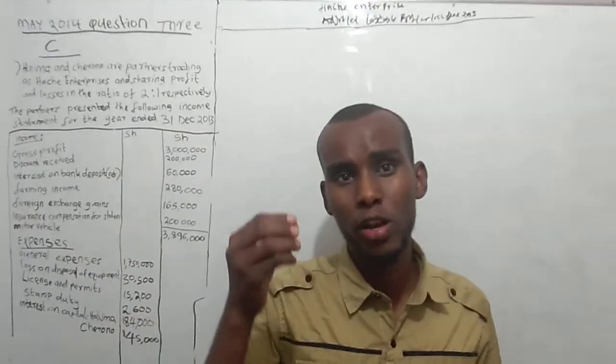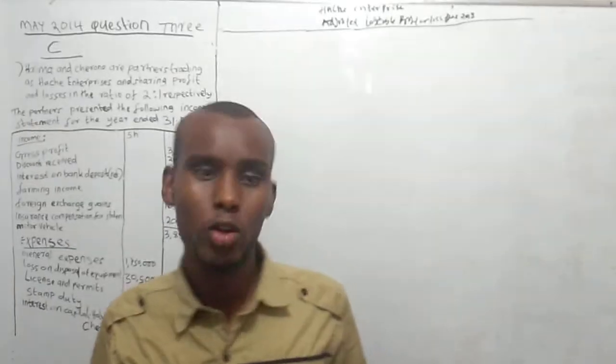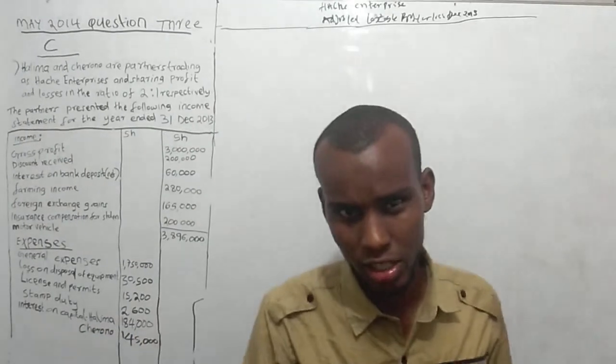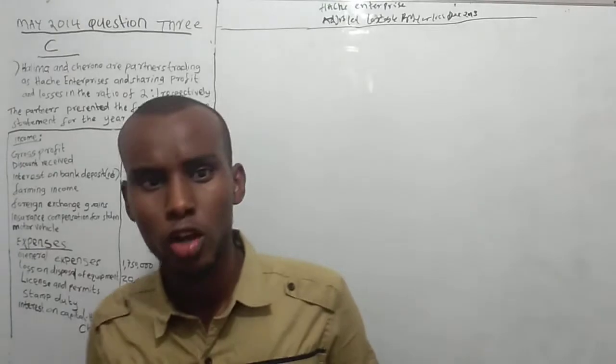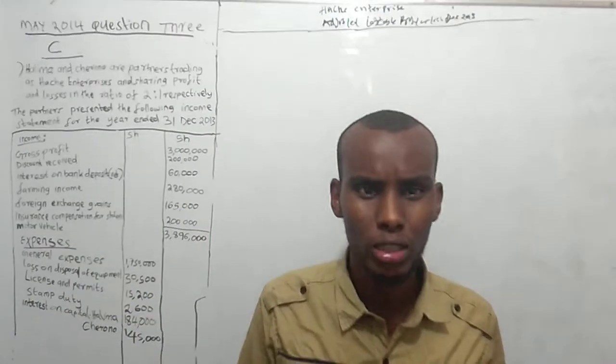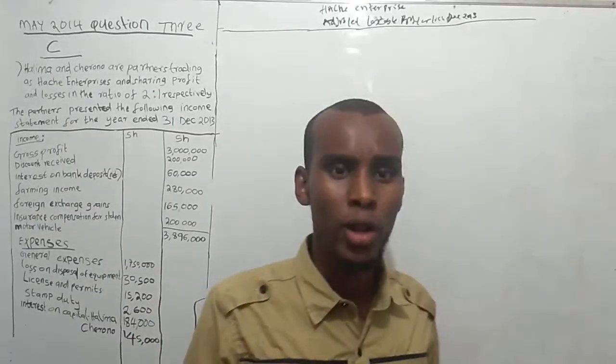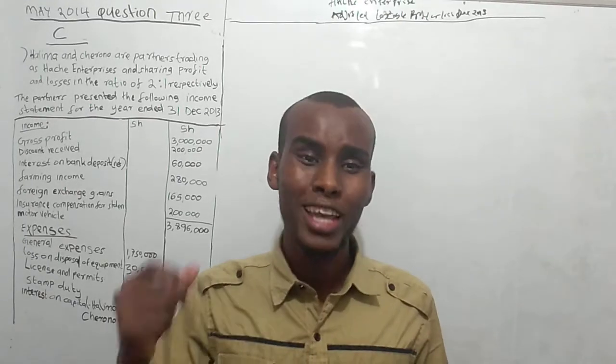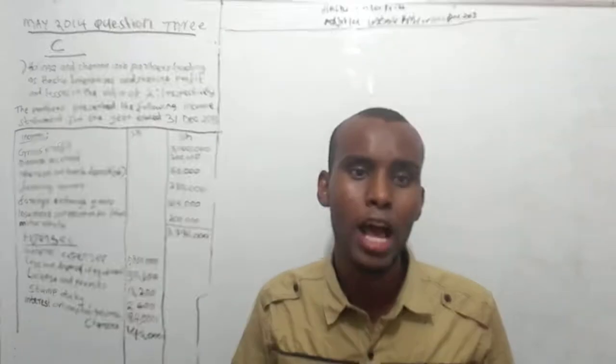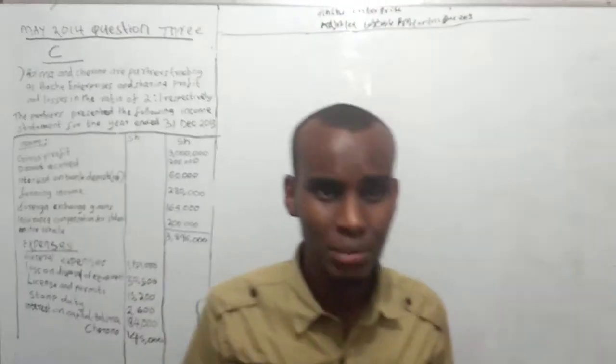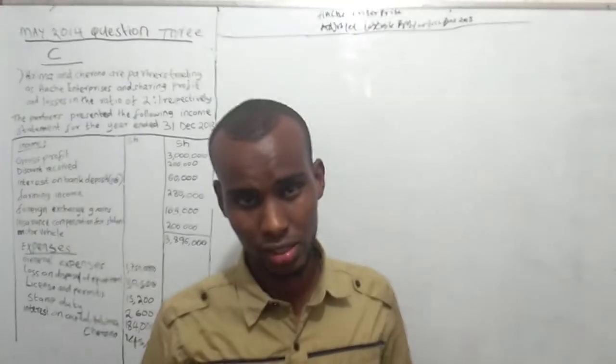We have several disallowed expenses and also several allowed expenses. Please go and read more about allowable and disallowable expenses, because they are going to be helpful in tackling this question and many questions under taxation of partnerships or companies.